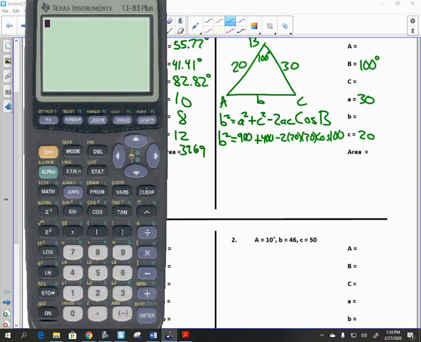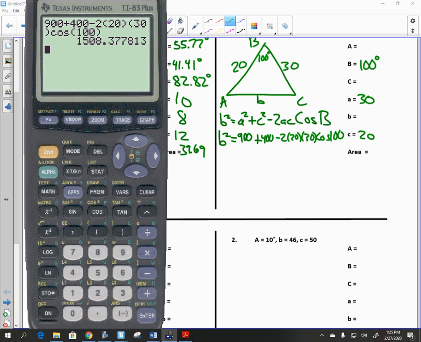If you got one that does order of operations, you could just type it all in: 900 plus 400 minus 2 times 20 times 30 times cosine of 100. Press enter.